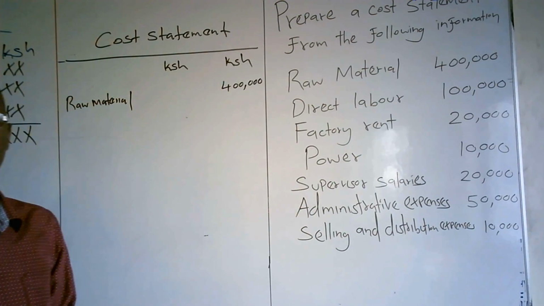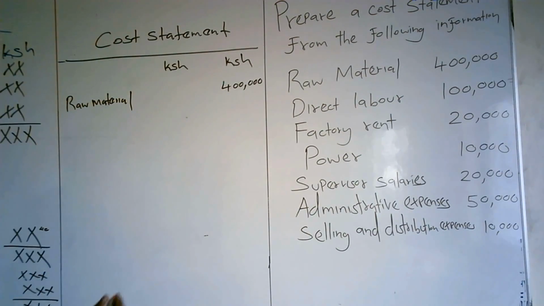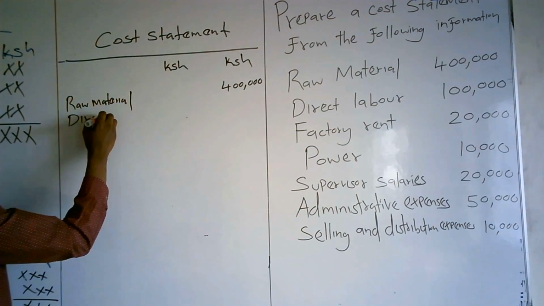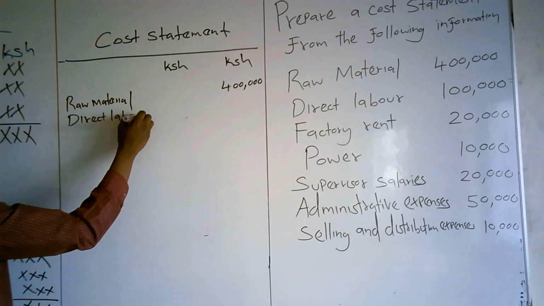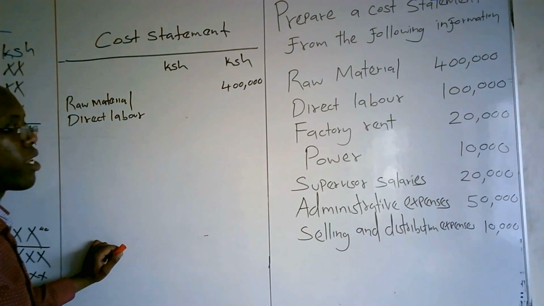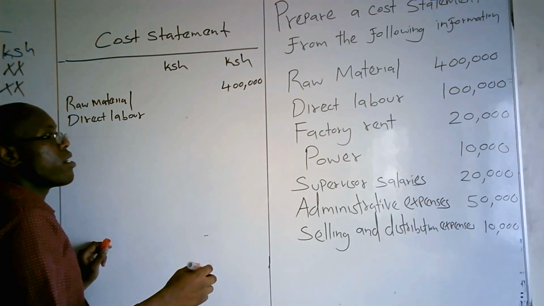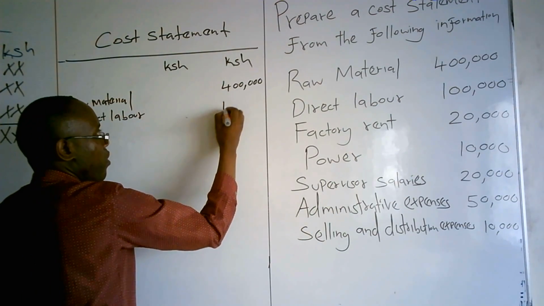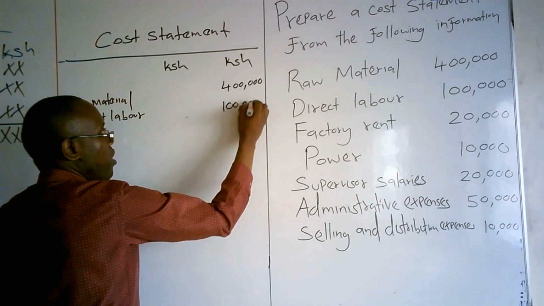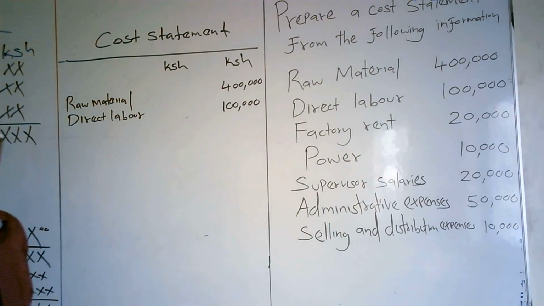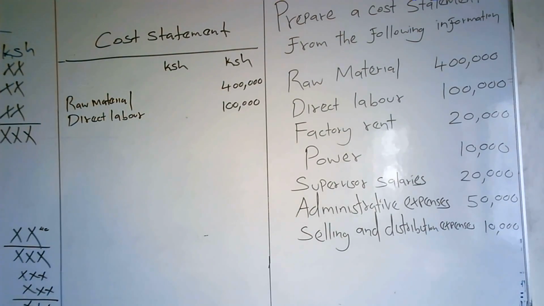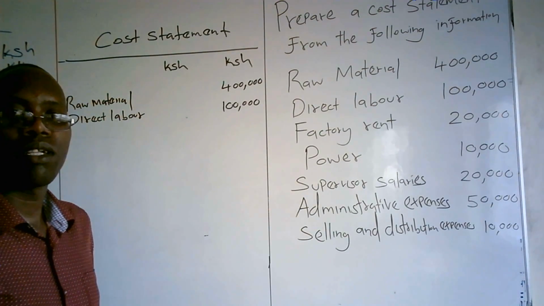And then you can see that we have direct labor, and the direct labor is this 100,000 here. So we're going to have direct labor as 100,000.